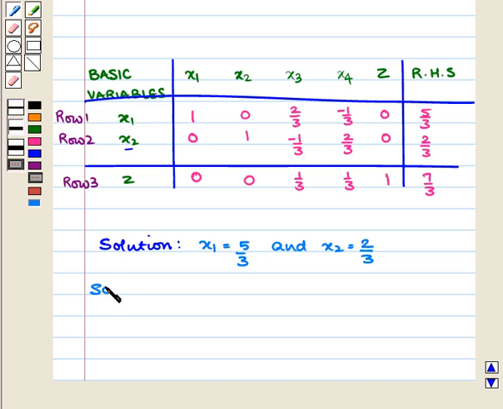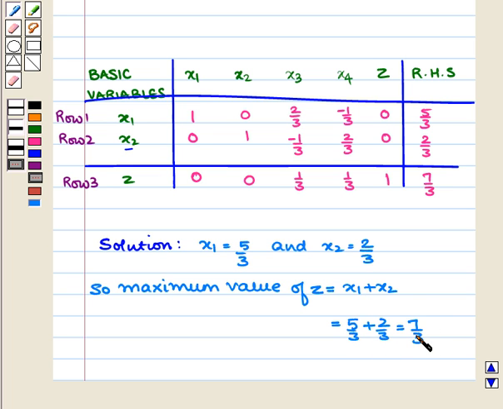So, maximum value of Z is equal to x1 plus x2, which is equal to 5 by 3 plus 2 by 3, which is equal to 7 by 3.